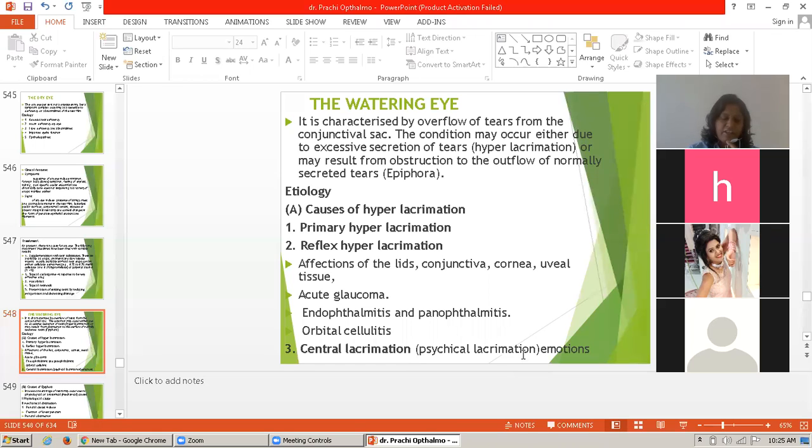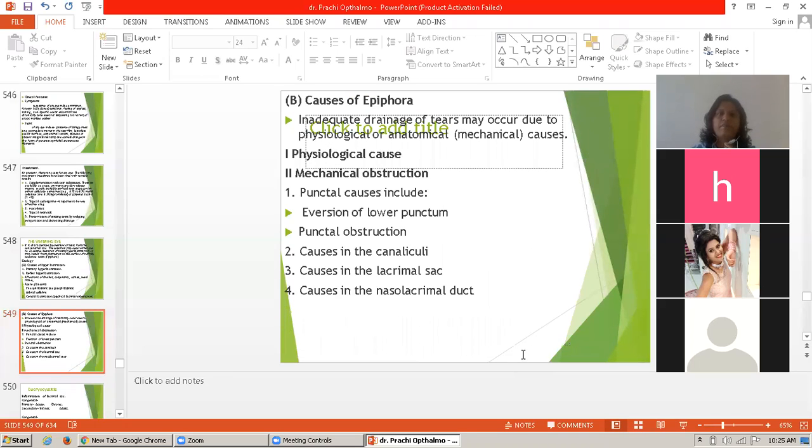Lacrimal pump failure due to lower lid laxity, weakness of orbicularis oculi as in Bell's palsy, and ectropion due to other causes.